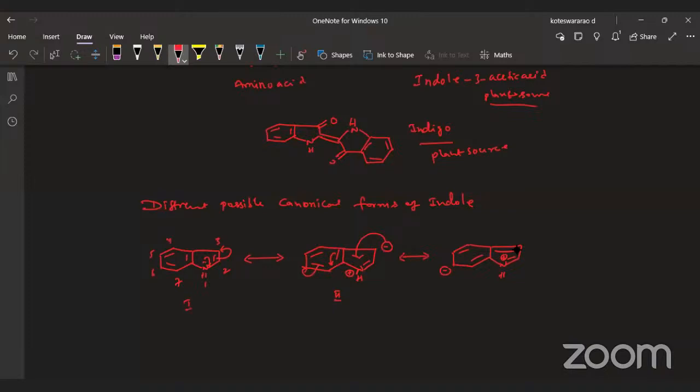Now again, this negative charge is donated to here. This will be moving to here. This is the third one.